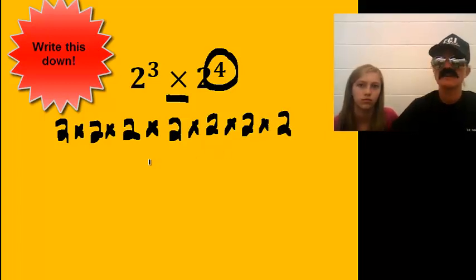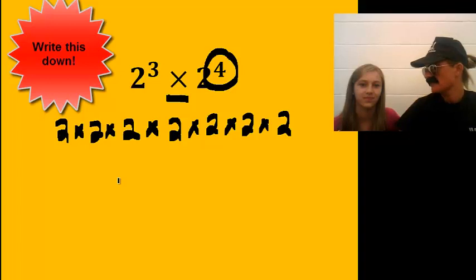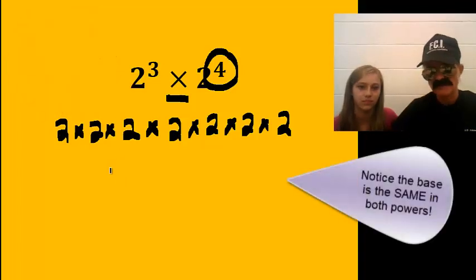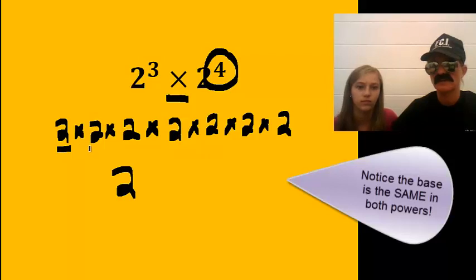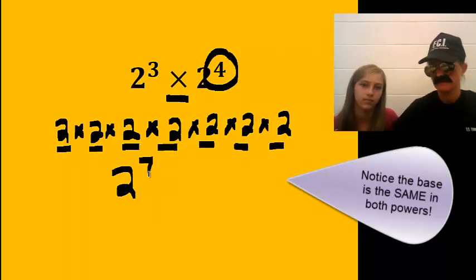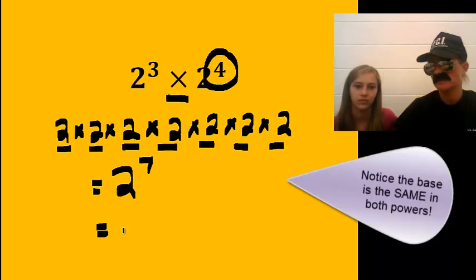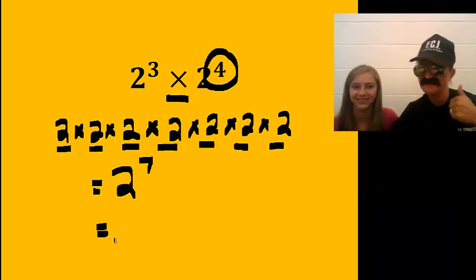The directions were to write this with an exponent, so the base is 2, and the exponent is how many times? 1, 2, 3, 4, 5, 6, 7. You're going to then plug in 2 to the 7th power to get an answer. And we have a calculator.